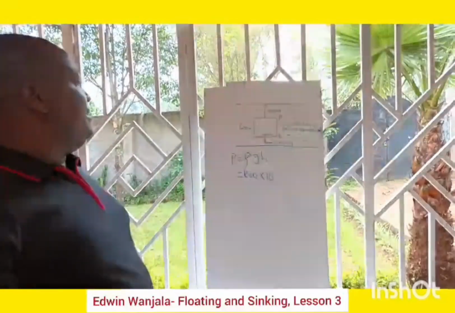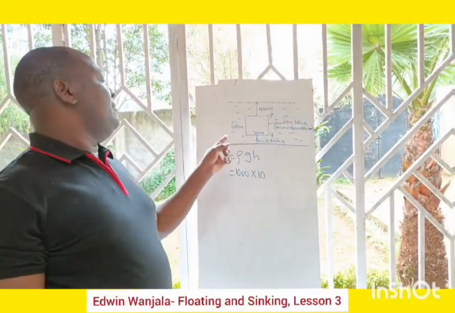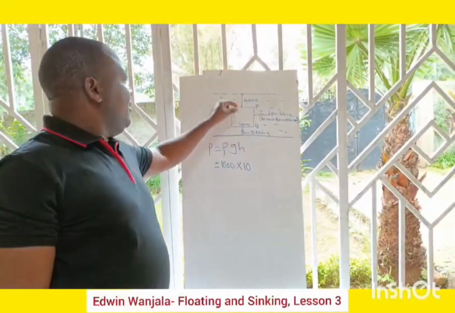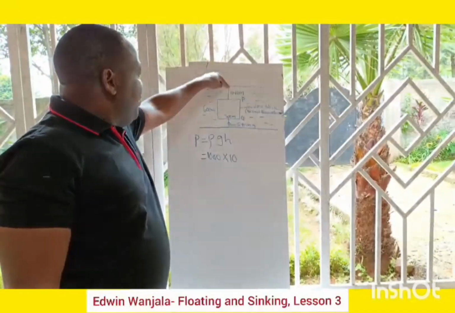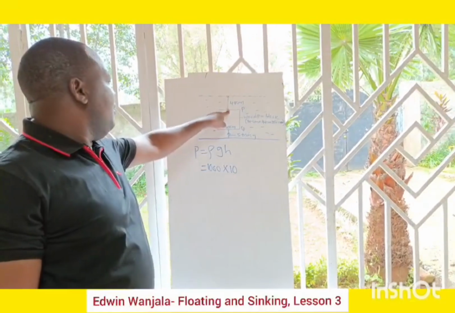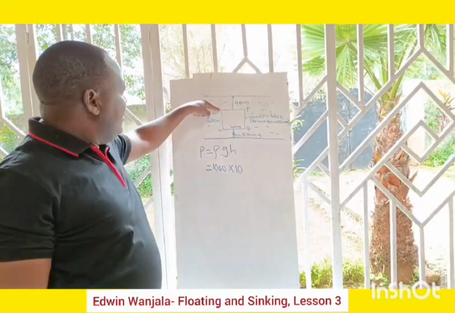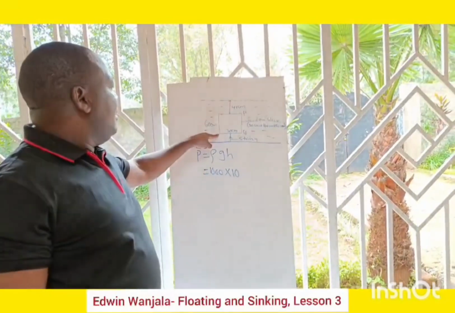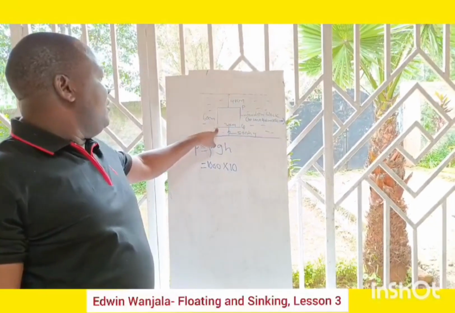So we need to find the depth of the water up to the bottom surface of the block. From the surface of the water, it is 40 centimeters up to the top surface of the block, then 60 centimeters up to the bottom surface of the block.